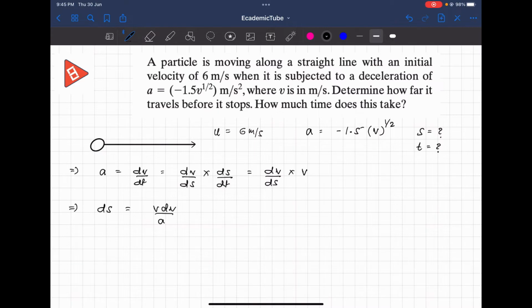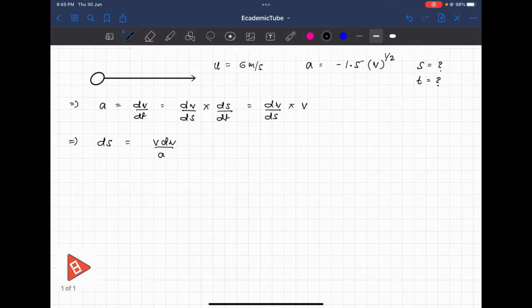Now we will integrate this equation to get our solution, from 0 to s. s is the distance up to which the particle travels before it stops, and from initial to final velocity. The initial velocity is 6 meters per second, and the final velocity will be equal to 0 because it will stop there.